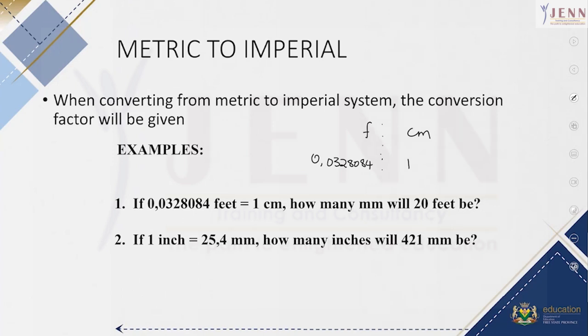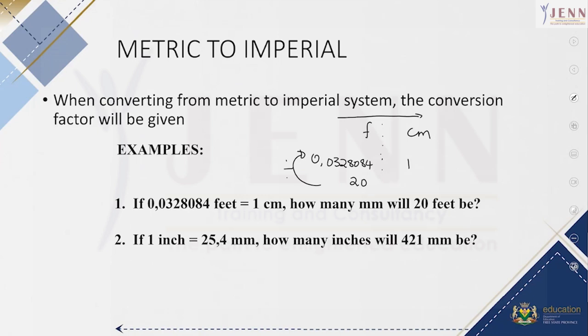Now you have the conversion factor, then you go to the question: what is it that I must do? Now I must convert 20 feet. Because it's in feet, it has to be underneath that. So it's 20. Then you do the same thing, dividing from the bottom. 20 feet divided by 0.0328084, you get the answer.